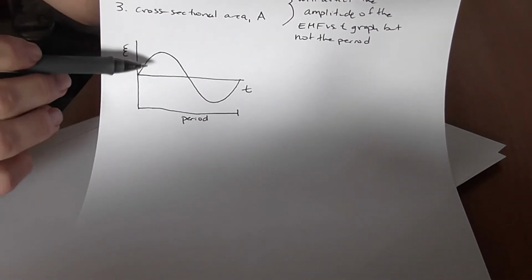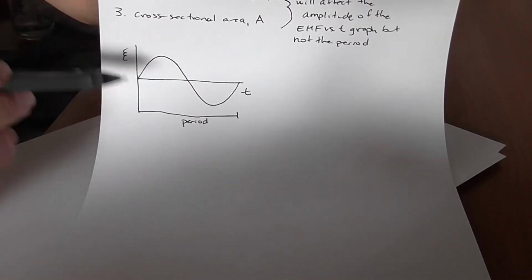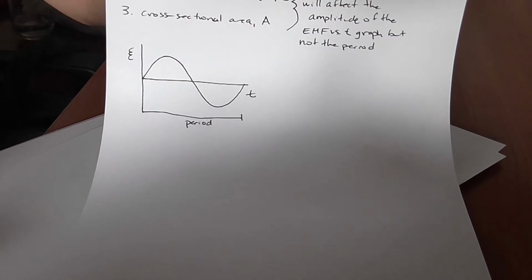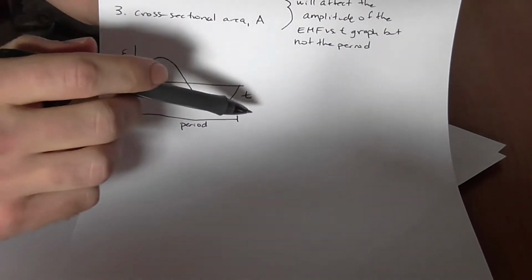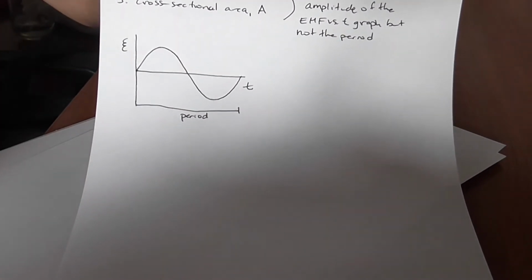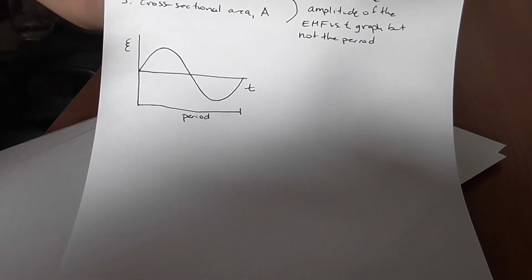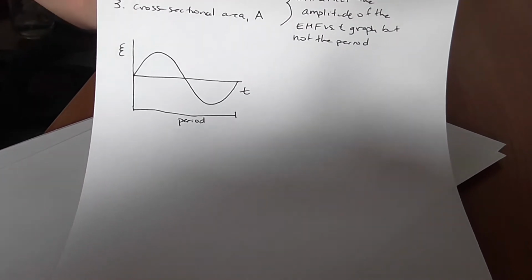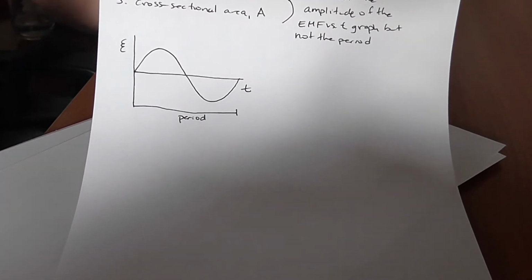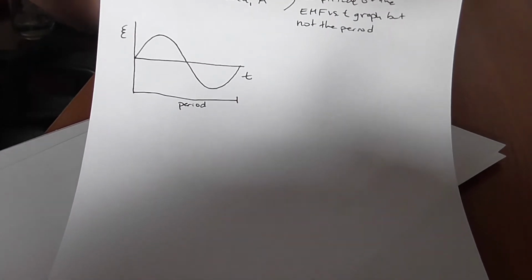So all three of these things would affect the amplitude of the graph, and we'll talk a bit about how it does that later, but they would not affect the period, because the period is the amount of time it takes for the coil to make a full revolution. And changing the number of turns, the magnetic field strength, and the cross-sectional area is not going to affect how quickly the coil is rotating.